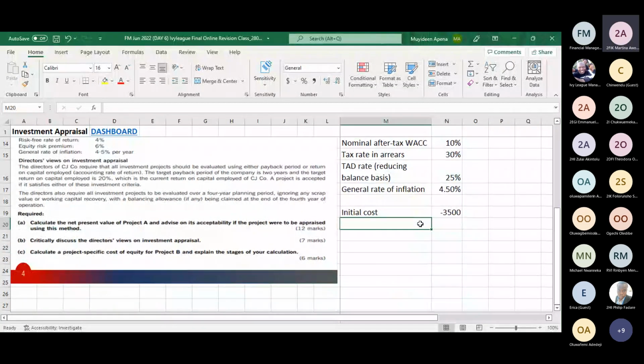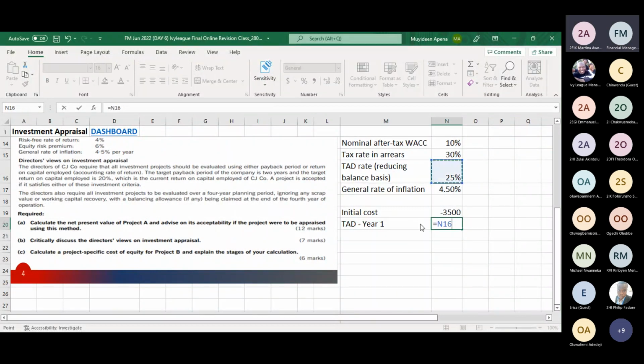And then TAD for the first year, 25% of that figure, comes in as an inflow. He claims that.